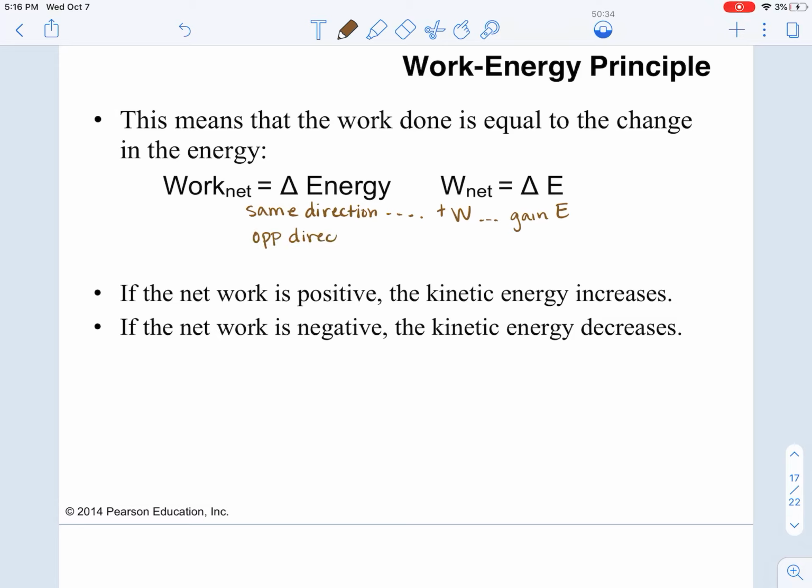When it was in the opposite direction, we said that that would be negative work. And if you go back and look at those examples, we would probably see that the object lost energy in these cases because the work was acting against the object's motion. So you see the work is responsible for the change in energy.